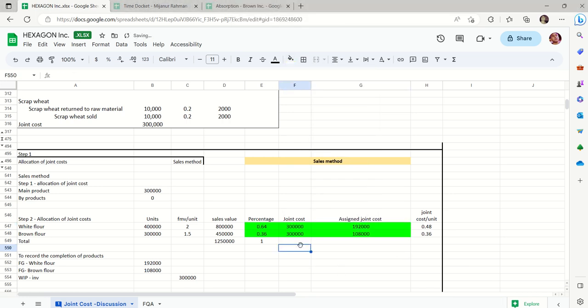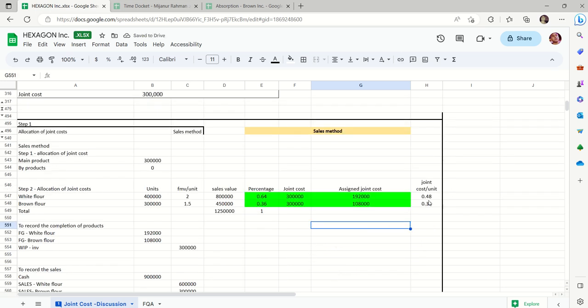The same way, we are going to use 36% multiplied by these 300,000 joint costs. That gives you 108,000. Okay, simple as that. We also find out the unit costs. How do you do that?